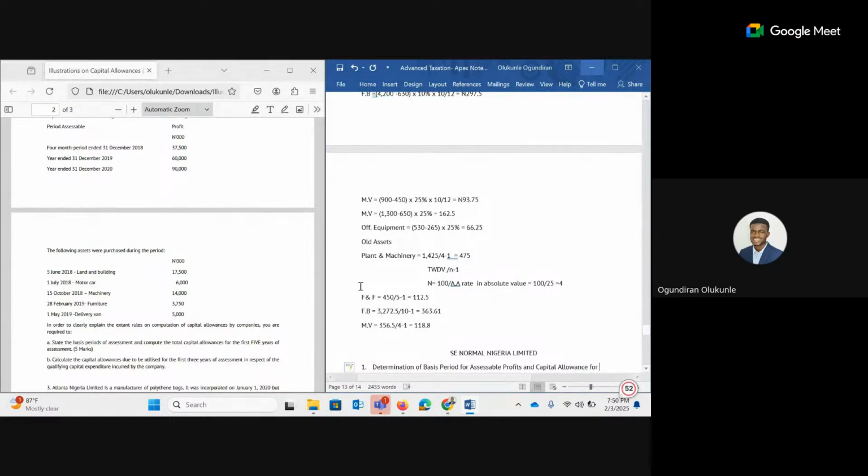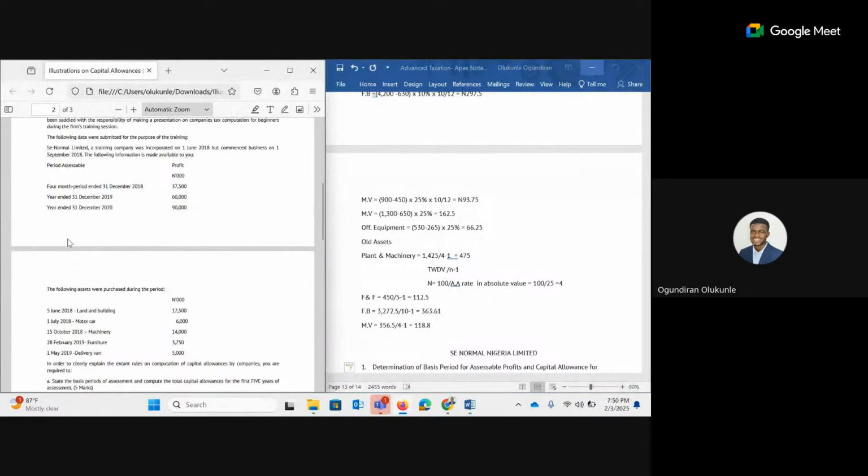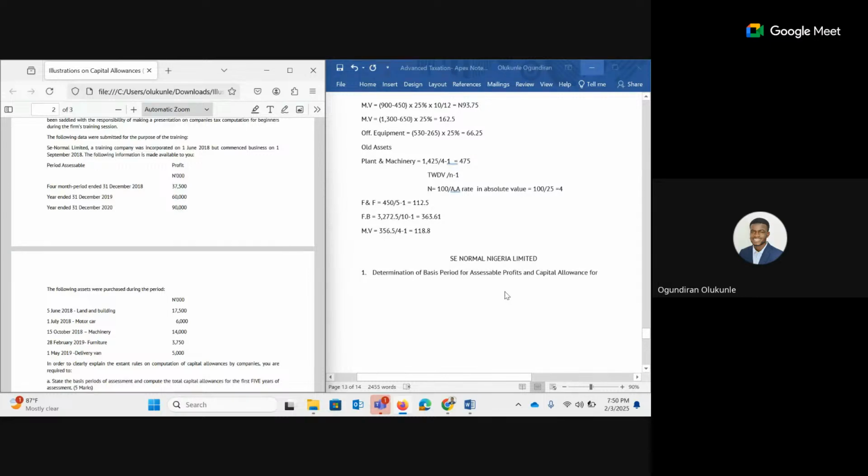This company started in 2018. So for 2018, are you applying the old rule or the new rule? For 2018 to 2021 years of assessment, that's the first thing there, right?